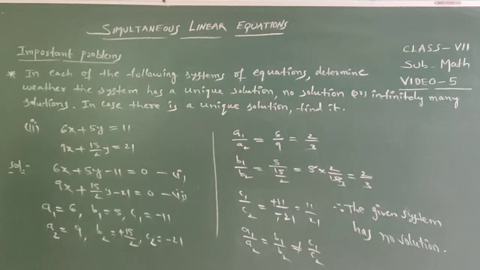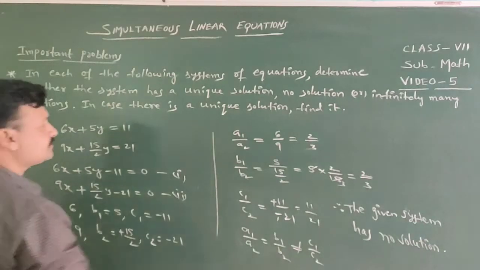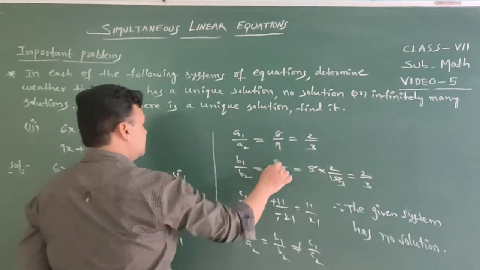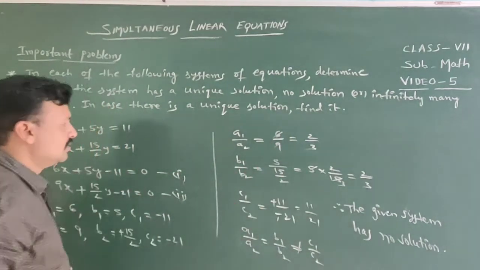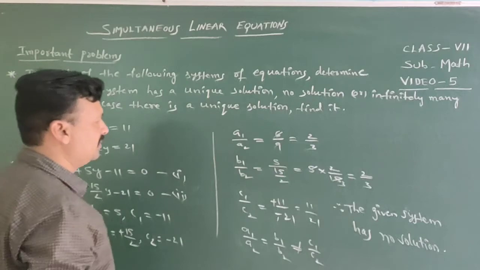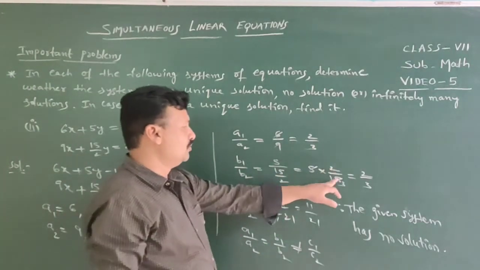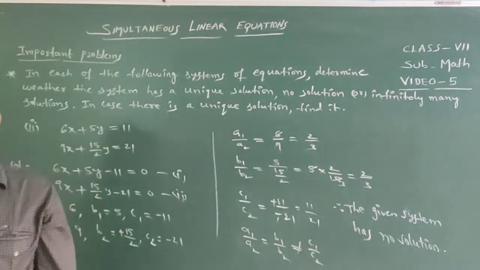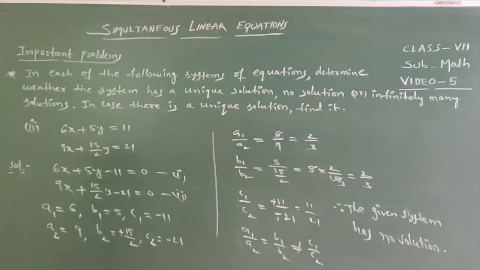A1 by A2 equal to 6 by 9, that is 2 by 3. B1 by B2 equal to 5 by 15 by 2, means 5 into 2 by 15, then it becomes 2 by 3. And C1 by C2 equal to 11 by 21.